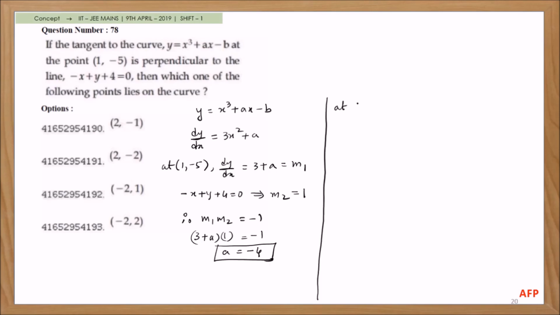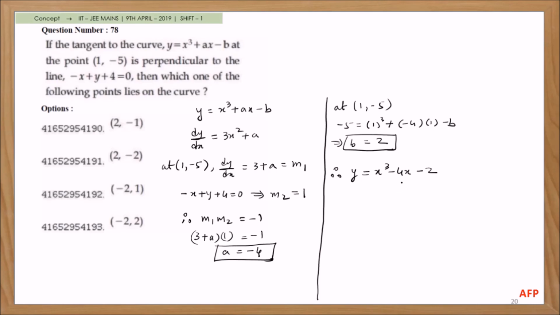Next, at (1, -5), this equation becomes minus 5 equals 1 cube plus (-4) into 1 minus b. So this implies b is equal to 2 you got. Okay, so therefore the curve is y is equal to x cube minus 4x minus 2.